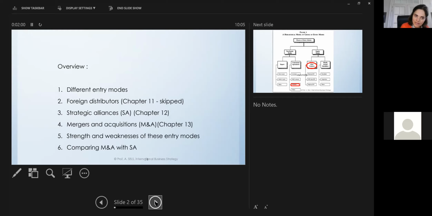And we will also compare firm-specific advantages with alliance-specific advantages today, which is also a new terminology, I think, that you didn't discuss before. We will also see when there is a trade-off between mergers and acquisitions and alliances, because in some cases they are really substitutes.